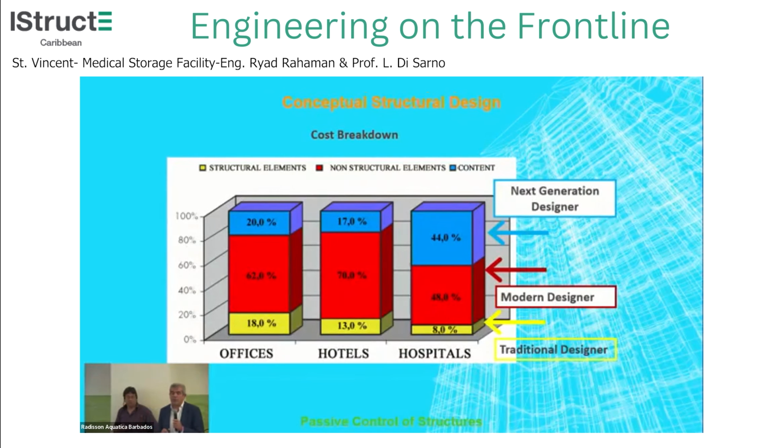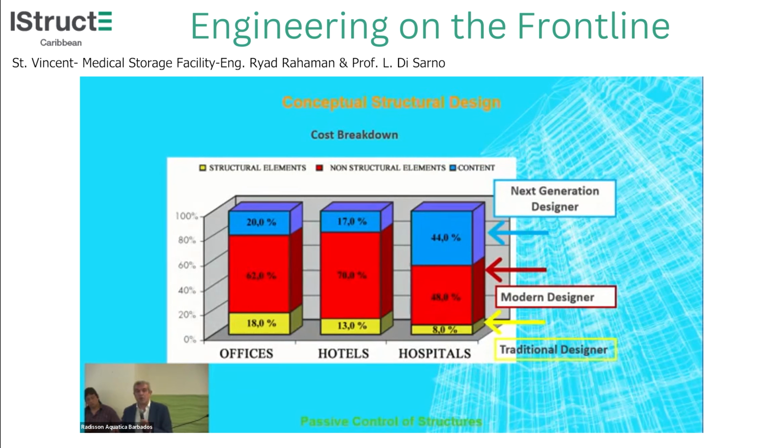This is taken from Professor Miranda from Stanford, and he has performed a very thorough study collecting the cost breakdown for most of the buildings that form part of our built environment. And they've been classified according to offices, hotels, and hospitals. Okay? And this graph is very simple, but I think it's very attractive for decision makers in this sense.